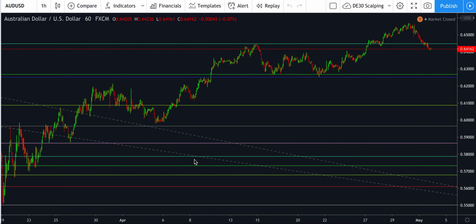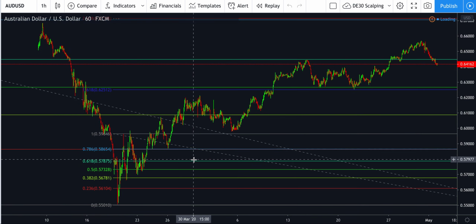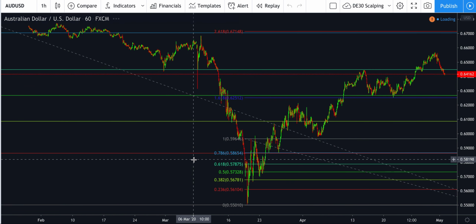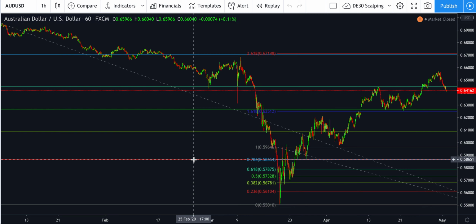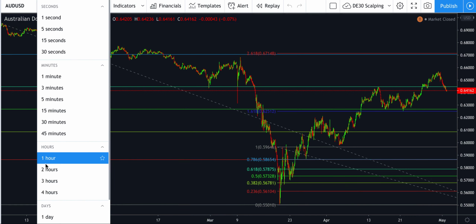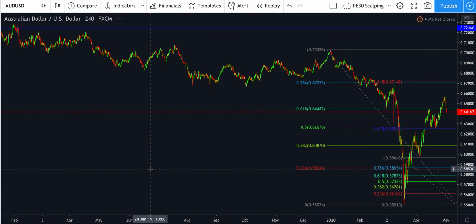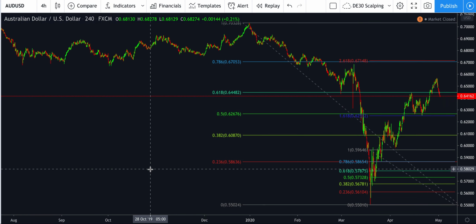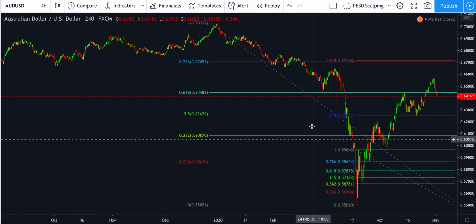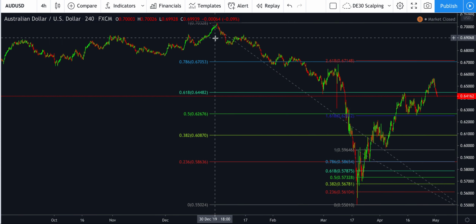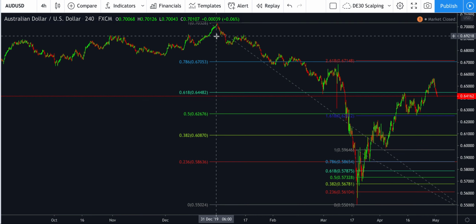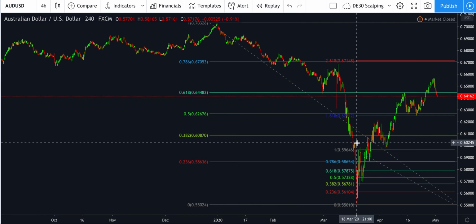This is the 1 hour chart and I'm going to show you what I've already drawn. I've already drawn some Fibonacci levels. It's not important, but I will show you that right now we've had a downtrend starting at the end of December up until the 19th of March.